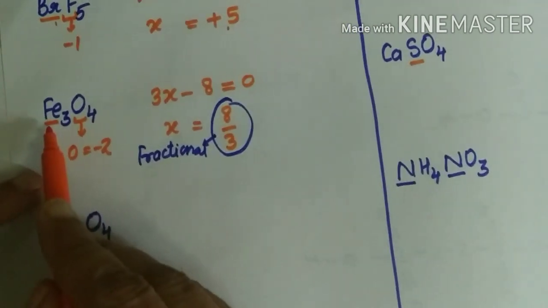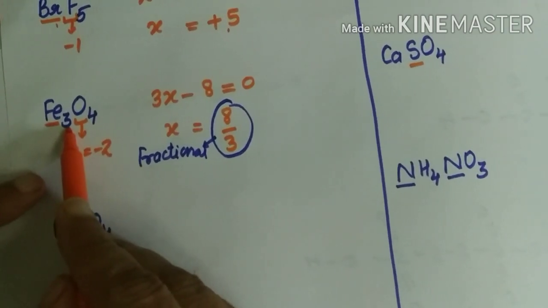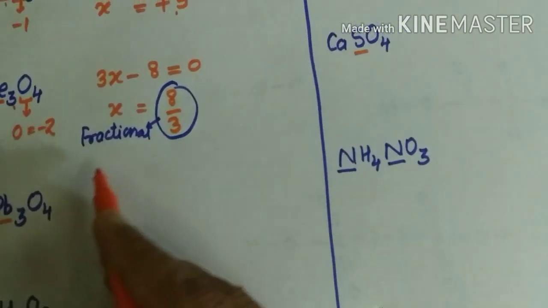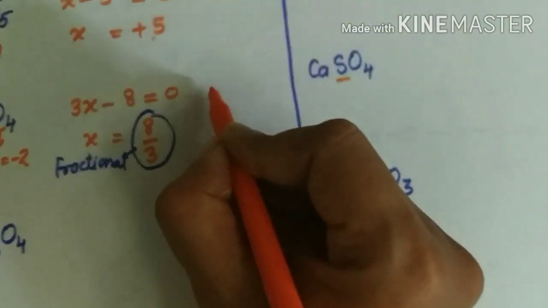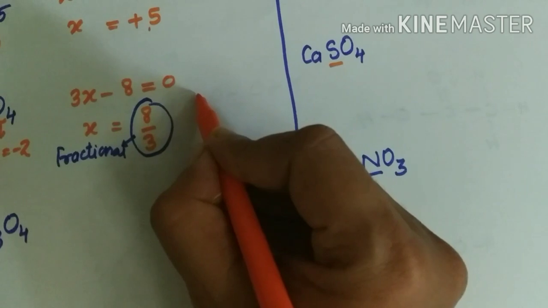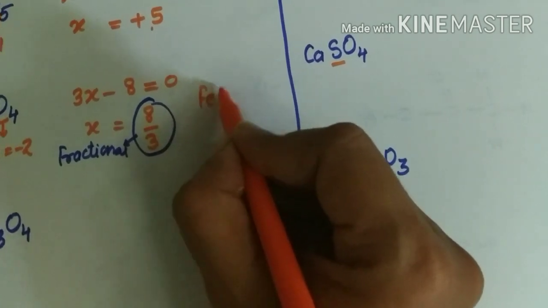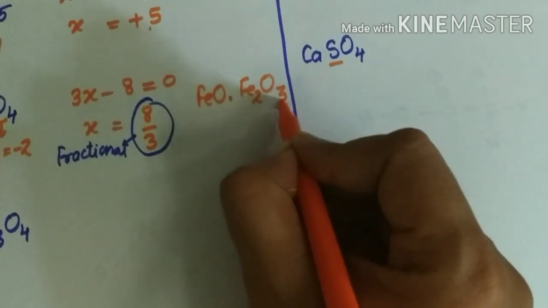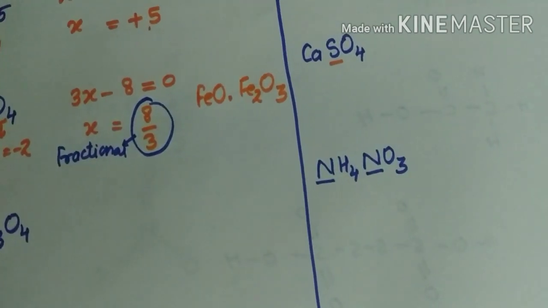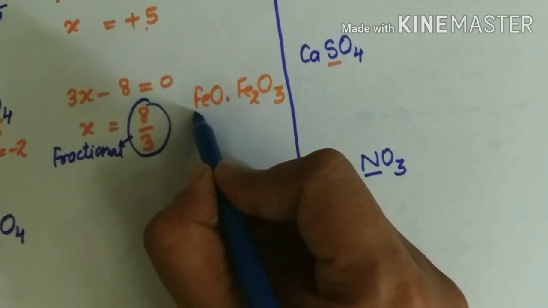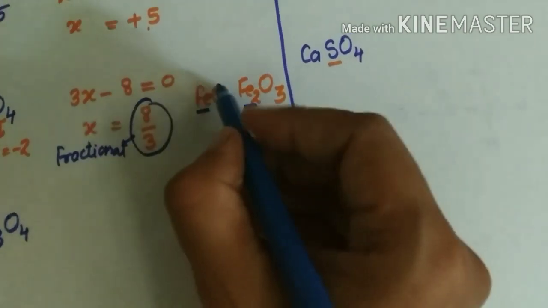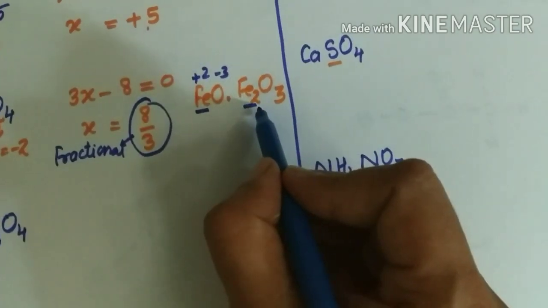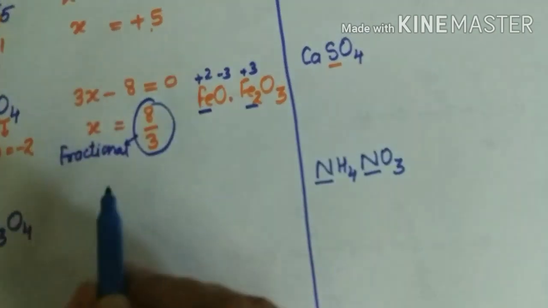Now in the formula you can see there are 3 atoms of iron, right? So we have taken the average. Fe3O4 is actually a mixture of two oxides, that is FeO and Fe2O3. Now if you see the oxidation state of iron in both these cases, here it is plus 2 as oxygen is minus 2, and here it will be plus 3.